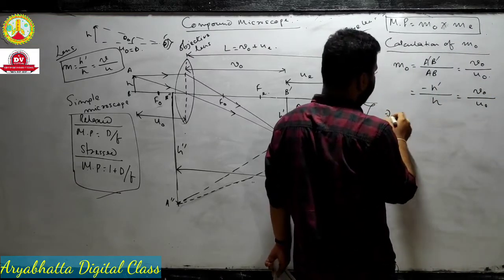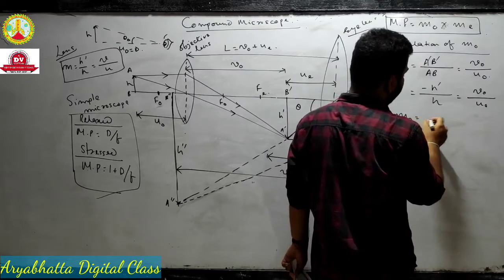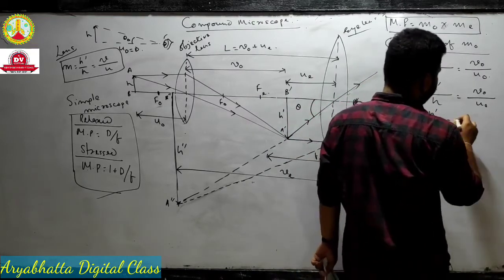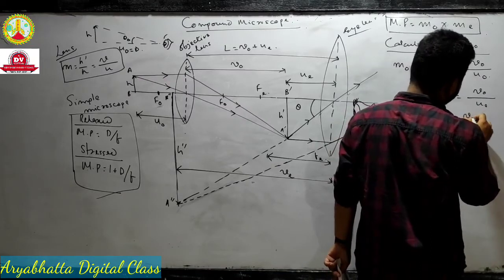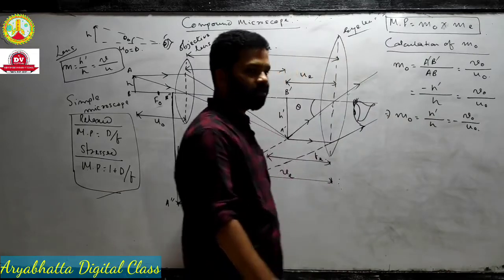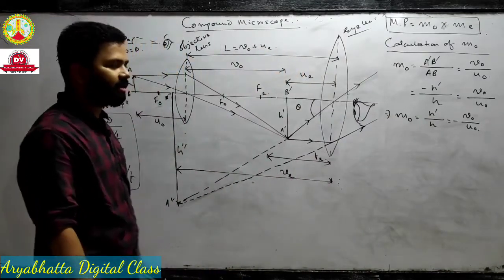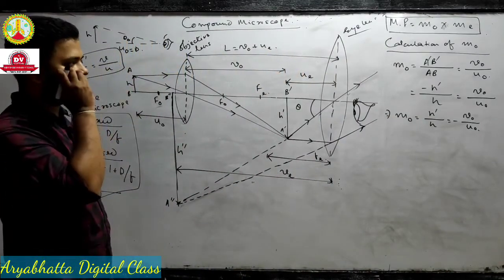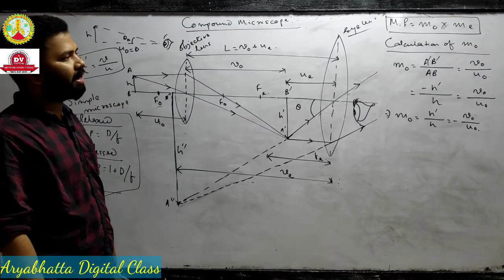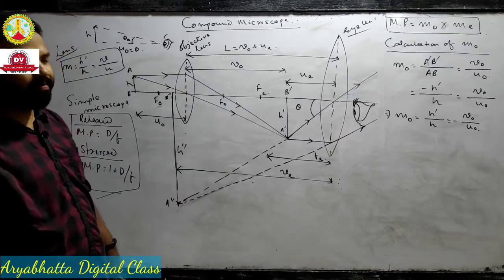So from here the magnification MO is equal to H dash by H, equal to minus V naught divided by U naught. Why is magnification negative? Because you are getting a real image. That is the reason.